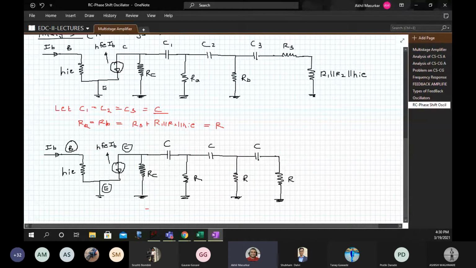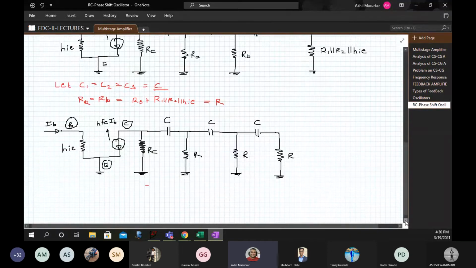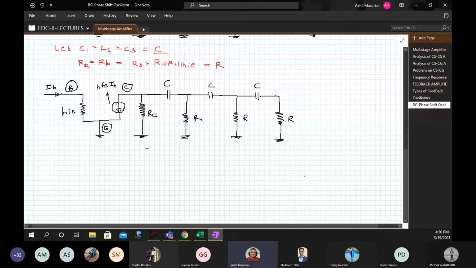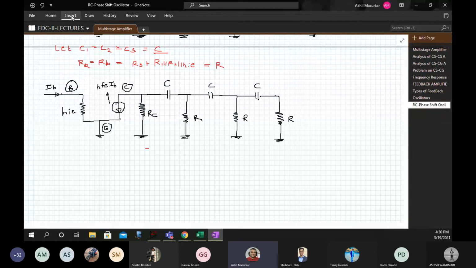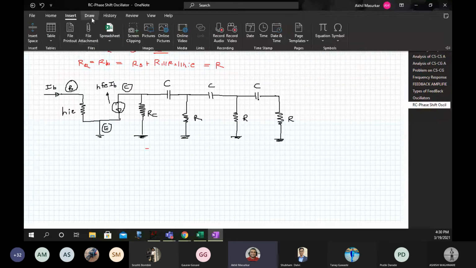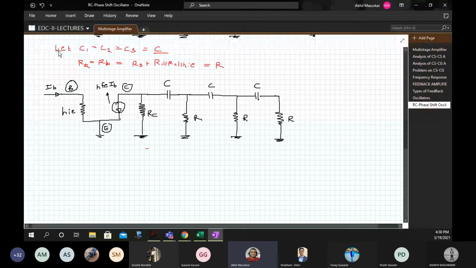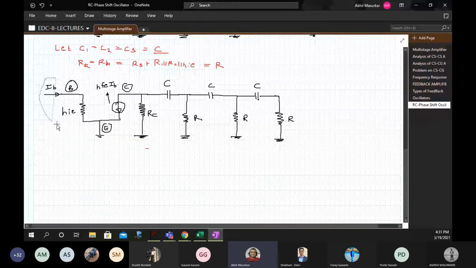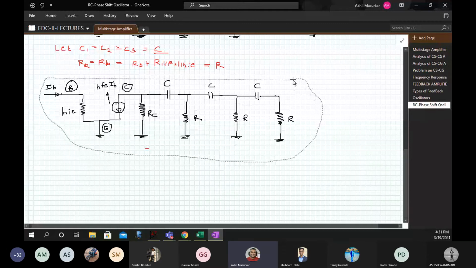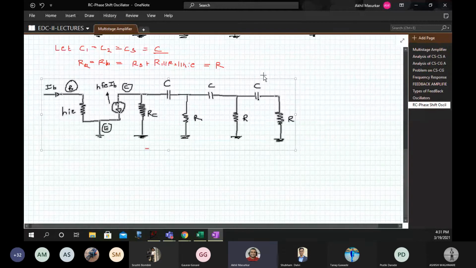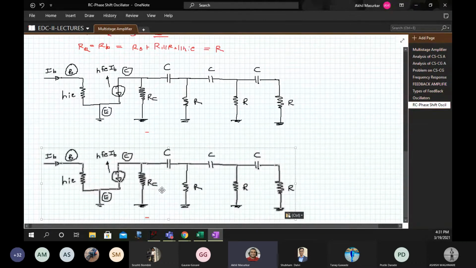This is what we can actually see. Now we will play some more tricks here and try to make it look a little bit nicer, and let me use this lasso tool, which is of great help. So this circuit now finally looks like this.